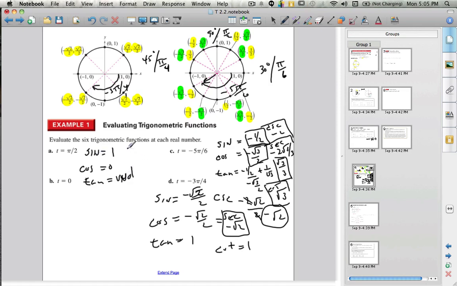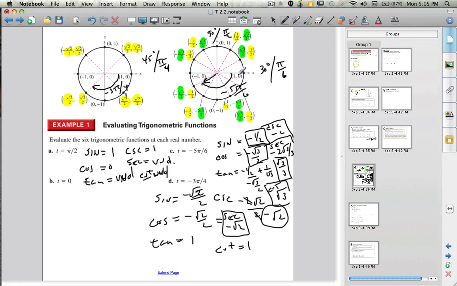And then cosecant would be the inverse of 1, which is 1. Secant would be the inverse of 0, which is undefined. And cotangent would be undefined. So it's a sort of special case when you're dealing with the poles here. When you've got 0 involved, it becomes complicated.